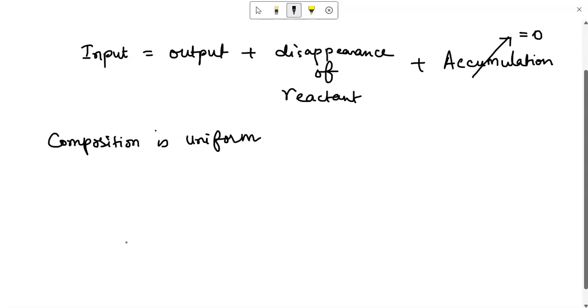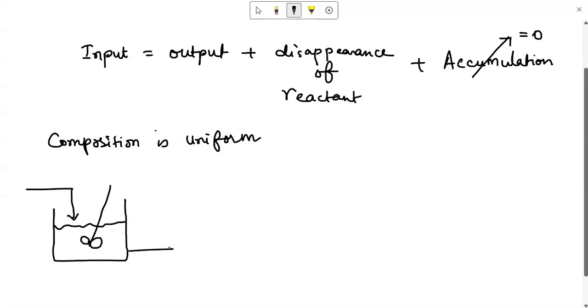So it is also a reaction vessel where you have one input stream and the reaction mixture is here. Generally there is a stirrer and there is an outlet stream. So on the inlet you have a composition Ca0, a molar flow rate Fa0, a volumetric feed rate v naught, and the conversion of the reactant A is 0.